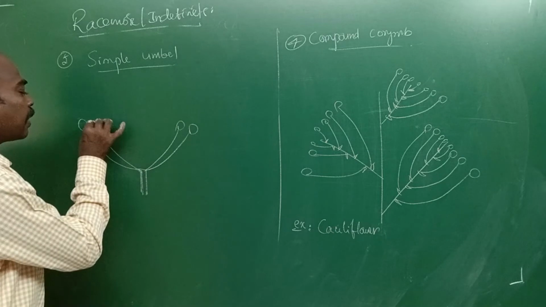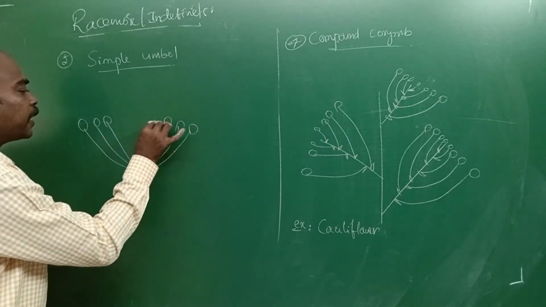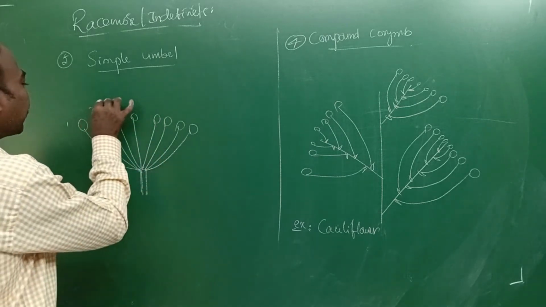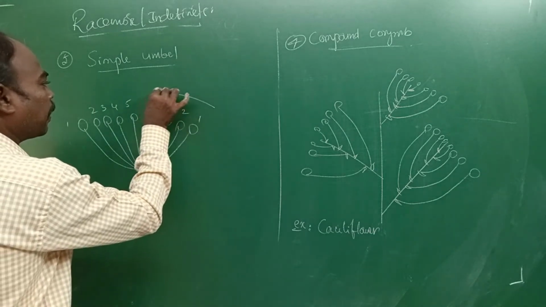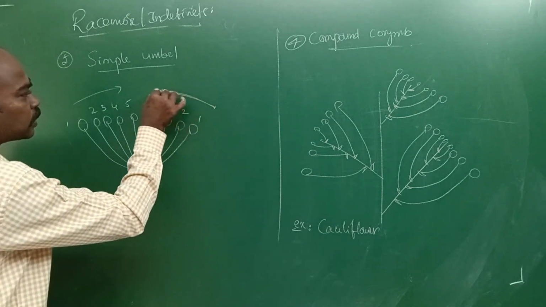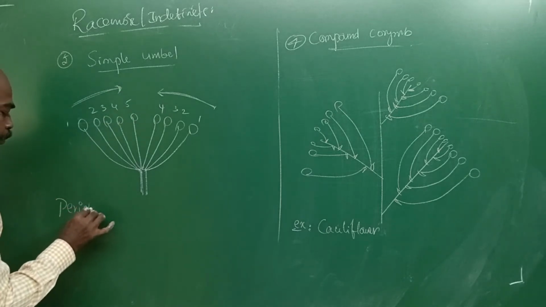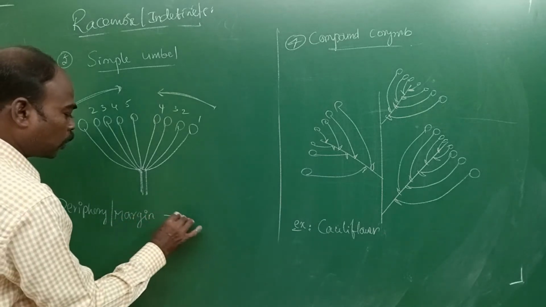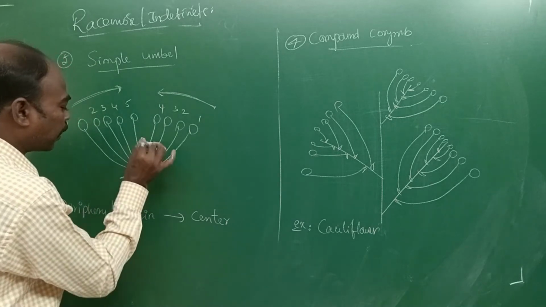These flowers are developed at a point with pedicels of the same length, but the first flower, second flower, third flower are developed in a particular order, that is from margins to center, periphery or margin to center, in a condensed peduncle.